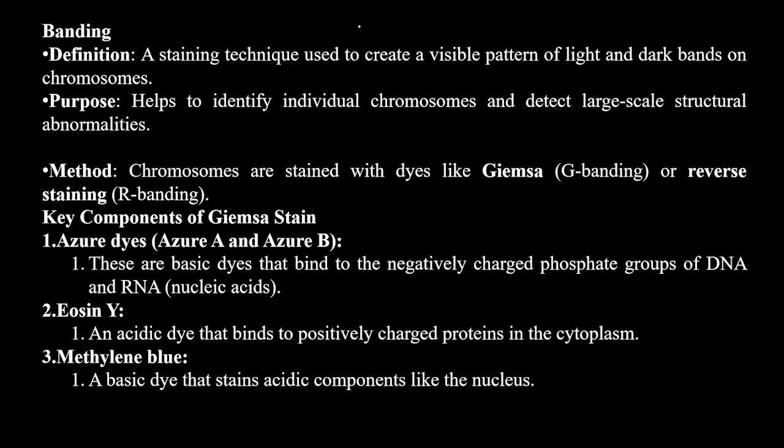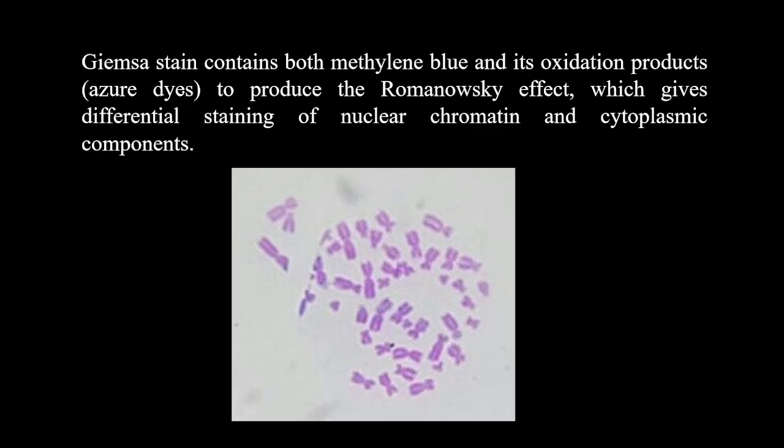Now, one technique which is very old and is used to study the chromosomes is the banding technique. In the banding technique, you will see that chromosomes have bands. This is a staining technique which is used to create a visible pattern of light and dark bands on the chromosomes. So how can you do this banding? In this technique, the stain being used is the Giemsa stain, G stain.